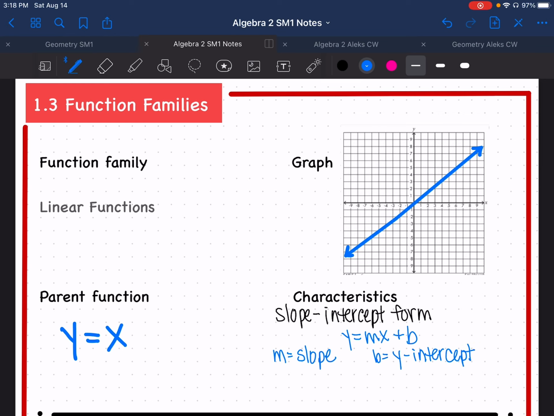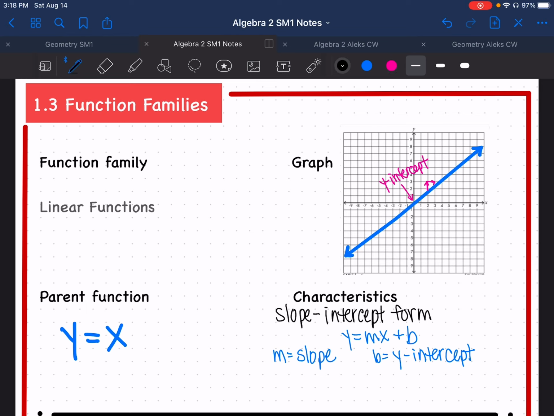Hence the name slope-intercept form. Now remember, to do the slope, you would just go your rise over your run, and then this right here would be my y-intercept, where the graph is touching the y-axis.